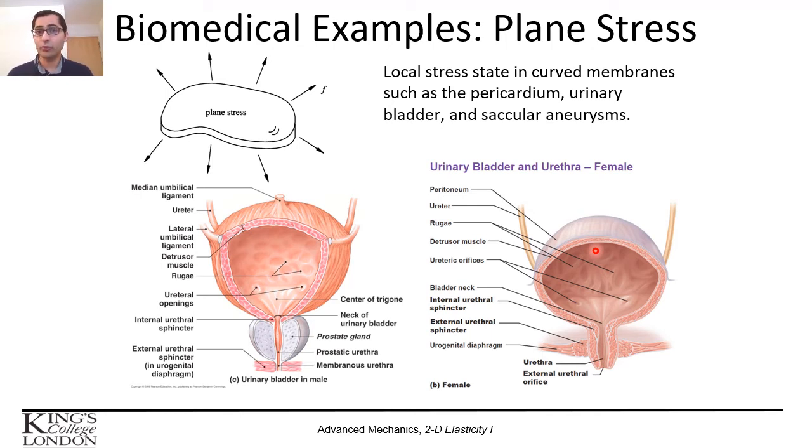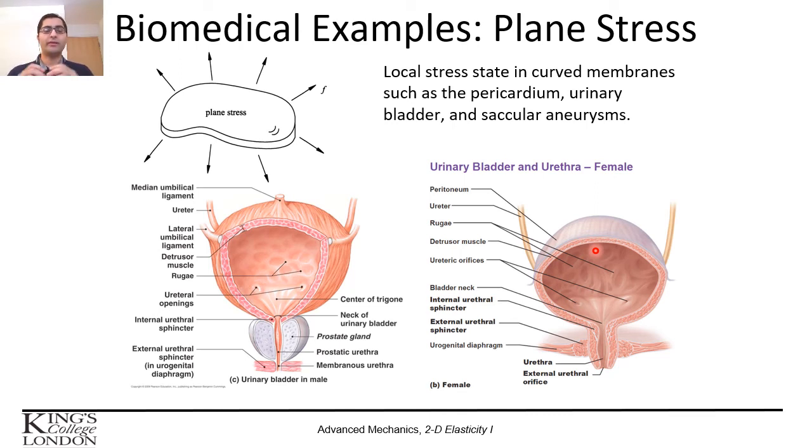It is similar to the vascular aneurysm we talked about in the last lecture. So these kind of spherical geometries with uniform pressure inside and outside, we can reduce into 2D plane stress cases.